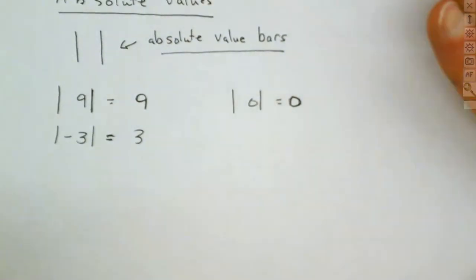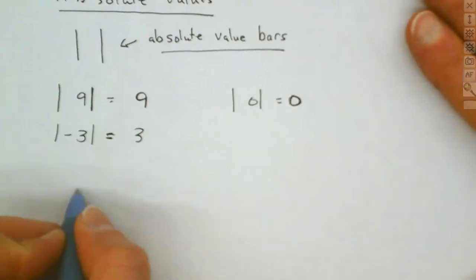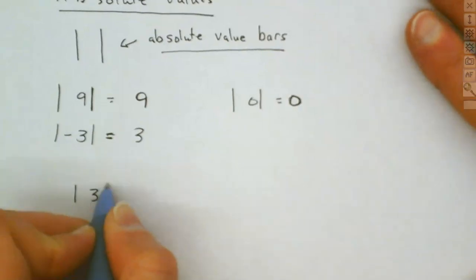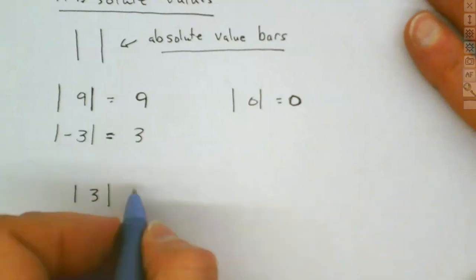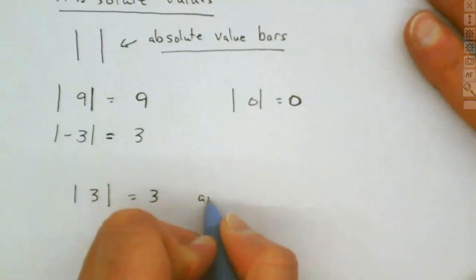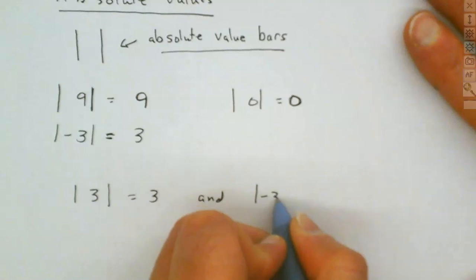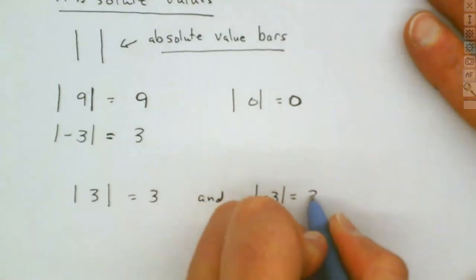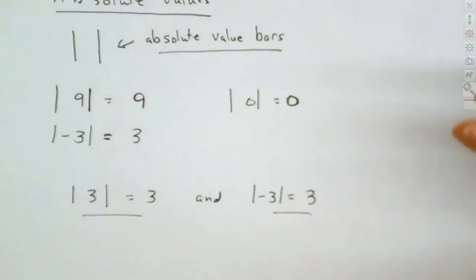I want you to see this correlation here. Absolute value of 3 is 3, and absolute value of negative 3 is also 3. They give you the same number, don't they? So when we look at these absolute values, we're going to have to get two answers, because you can have a positive answer and a negative answer.